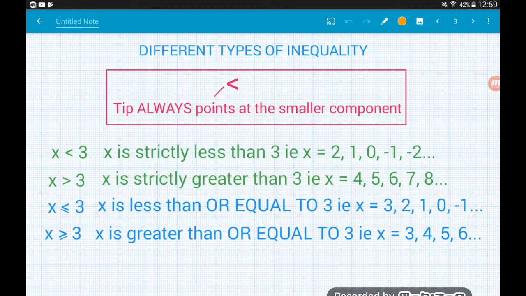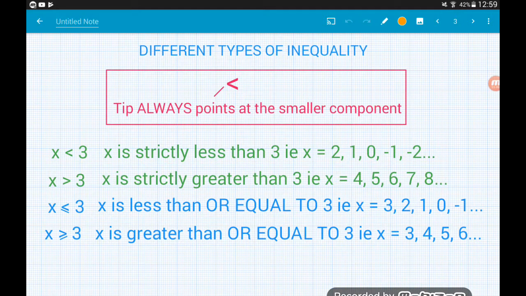And then we get these two down the bottom where we've got a little line underneath the inequality. It's a very subtle difference in notation, but it does mean something quite different in terms of the inequality. So this first guy then, we read that as x is less than or equal to 3. So x here is allowed to equal 3.